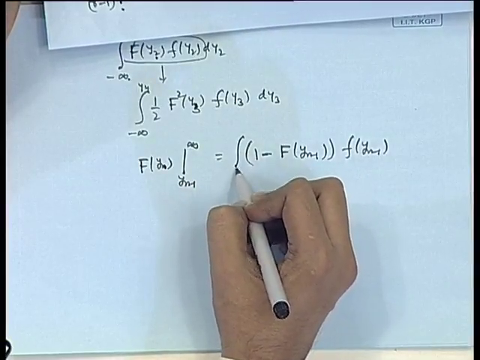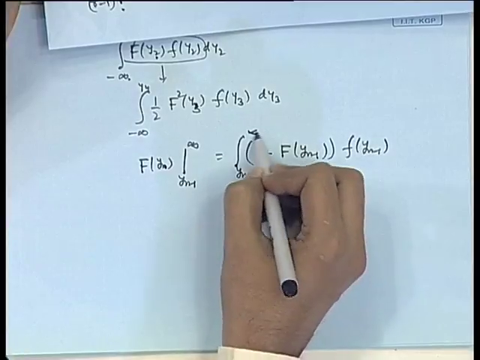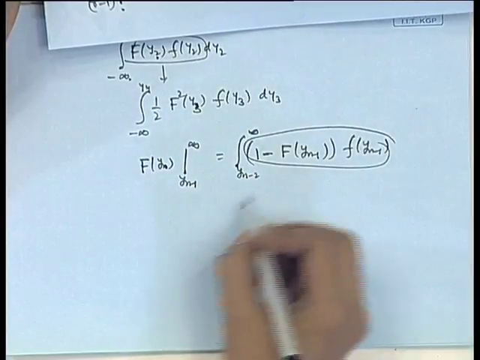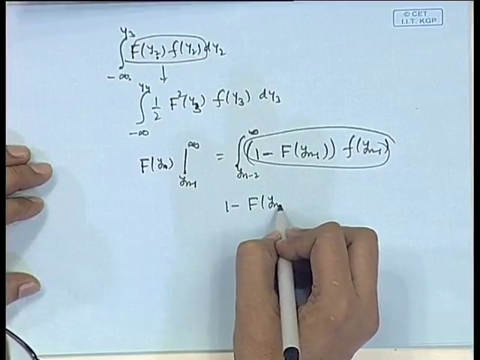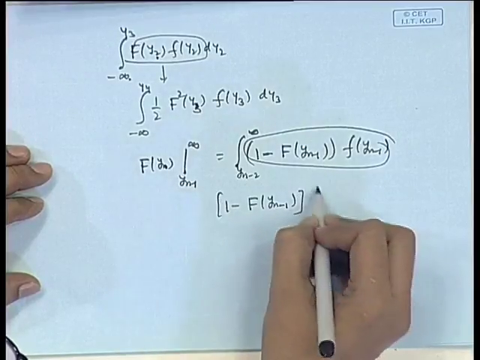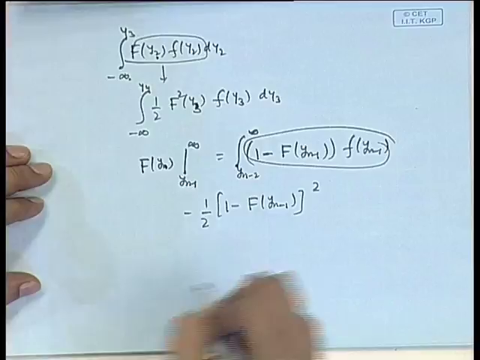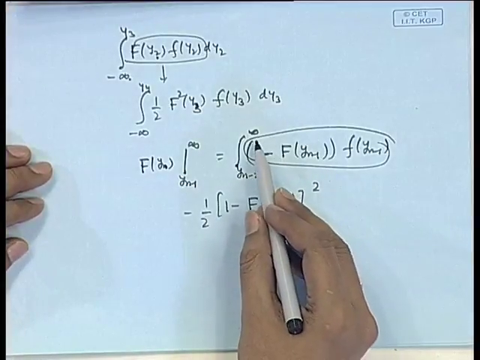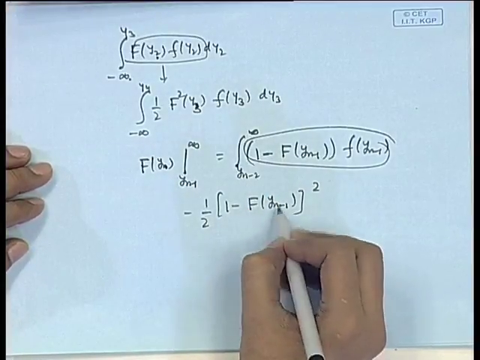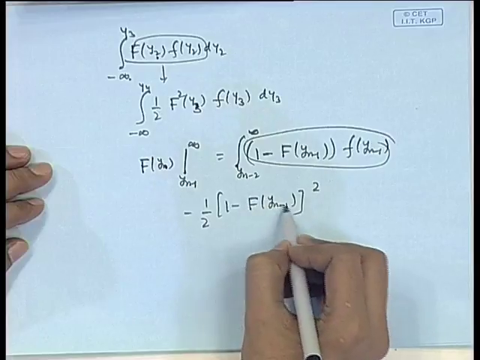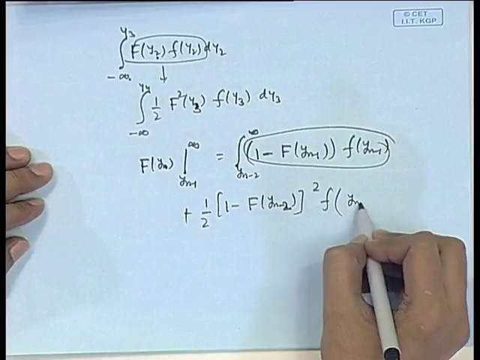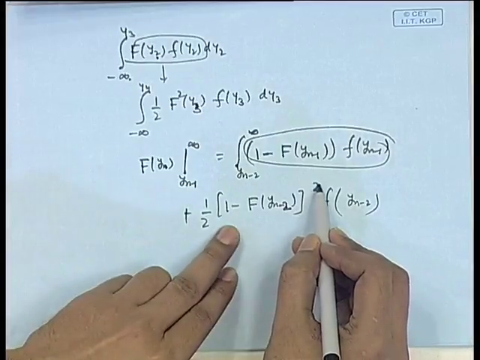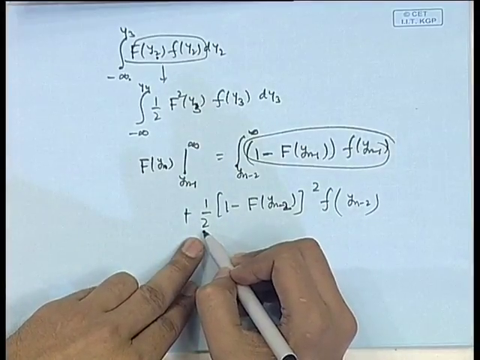This we are integrating from y n minus 2 to infinity. Again we notice here that the integral will be 1 minus F of y n minus 1 whole square by 2 with a minus sign. So, at infinity this will become 0, and at y n minus 2 this will become this term. So, at the next stage again this will give us the cube divided by 3 into 2.